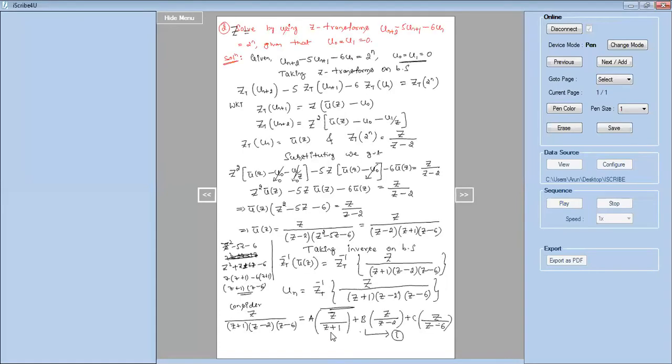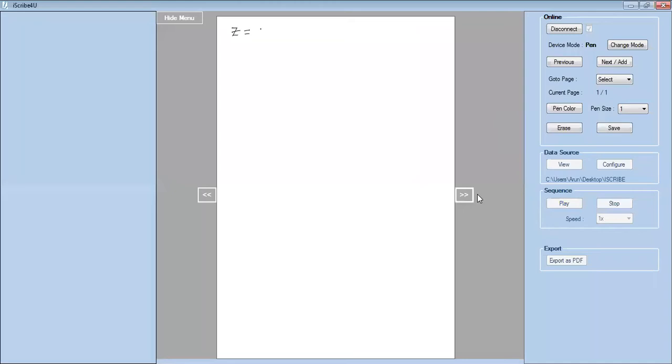Here, this z plus 1 gets cancelled. So it is a z into the product of these two.